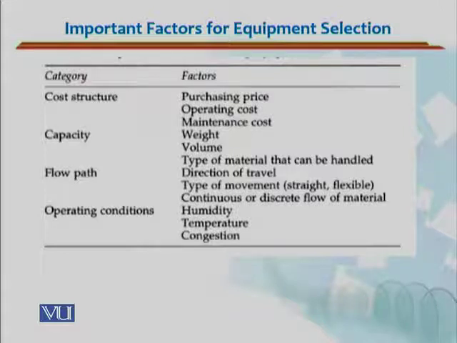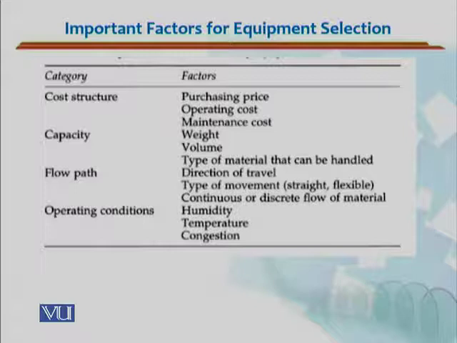Then we have a category of the operating conditions. In operating conditions, we actually look at the factors which are related to the environment in which the material or your equipment would operate. Is the equipment affected by the humidity in the environment? Do we need to maintain the temperature for that equipment?